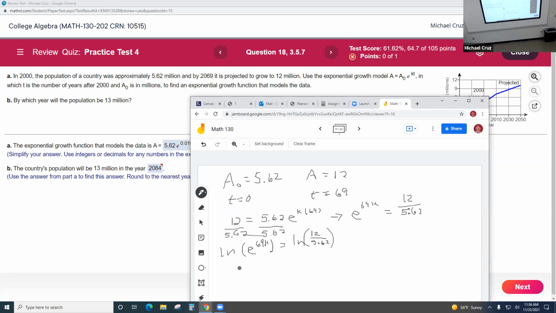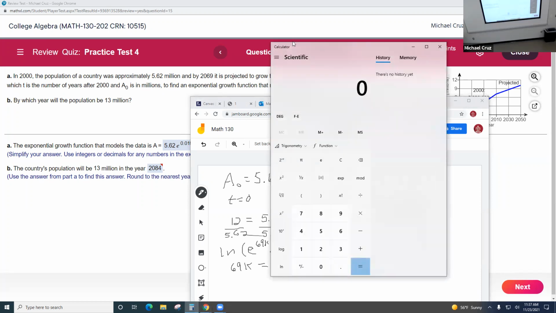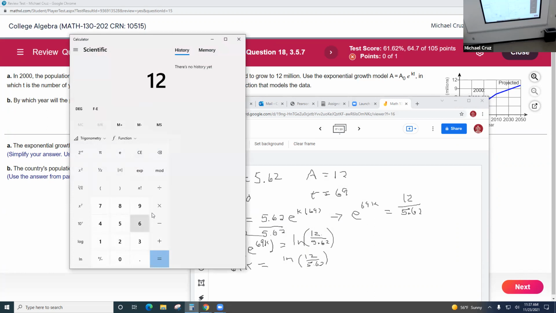All right, so that means e. Which side of the e is going? So 69 k. All right, let's figure that out. All right, so we take the ln of that. And we divide by 69.